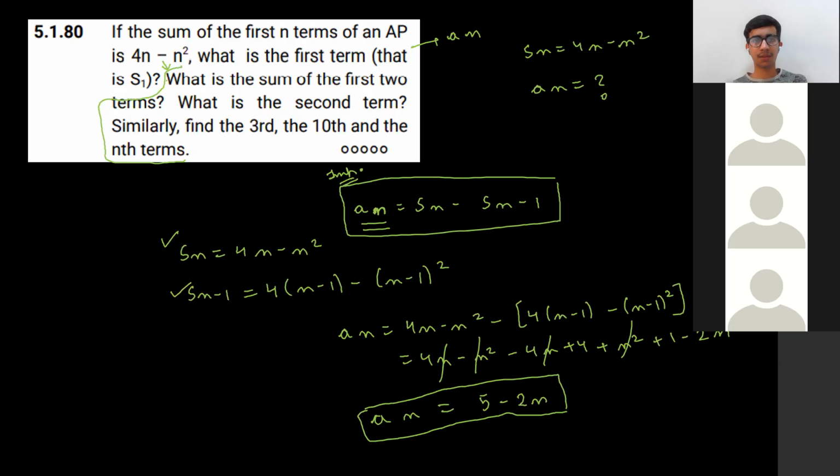These two questions. A is equal to 3, sum of first two terms is equal to 4, okay. Second term is equal to 1, all right. Cool. So no doubts in this question now. Now if any such type of question comes, you'll be able to solve it. It's just that you have to remember this, an is equal to Sn minus Sn minus 1.